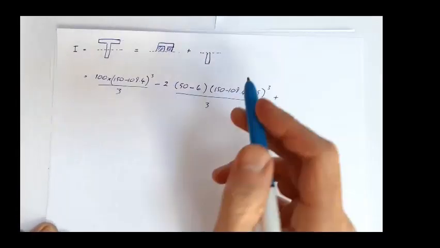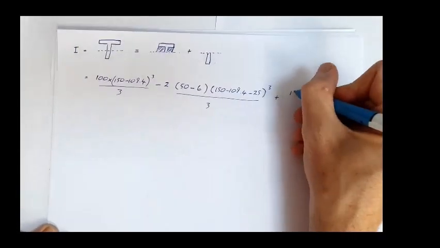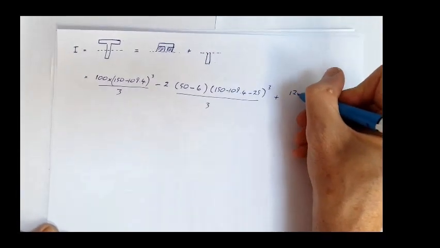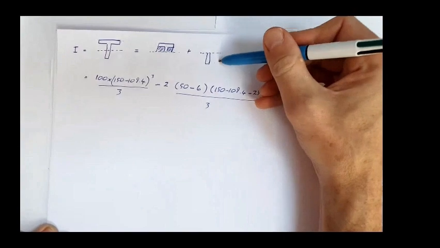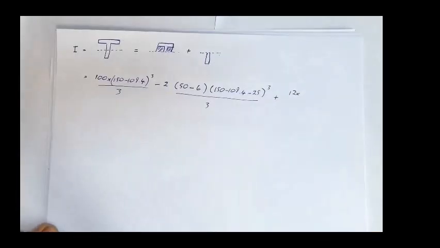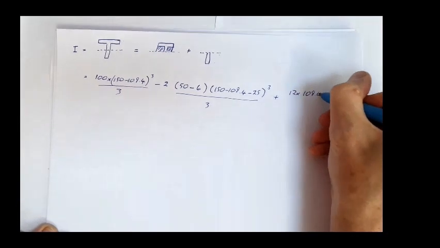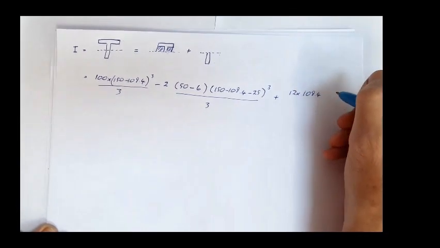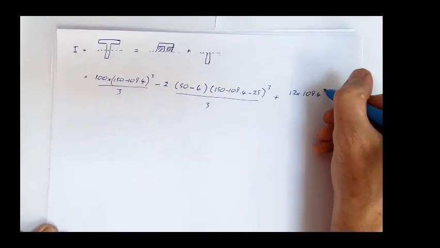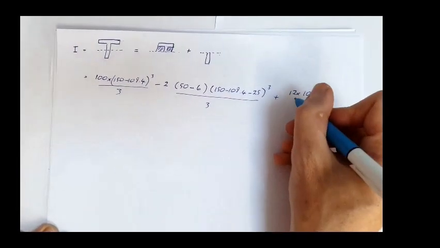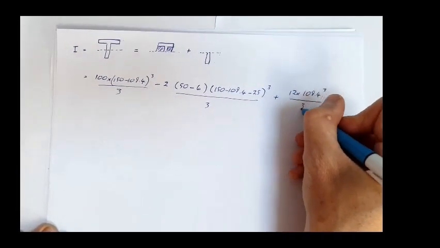So that is 12 millimeters wide, 12 times this distance here to the neutral axis, which we've just calculated, 109.4 cubed, so BD cubed over 3.